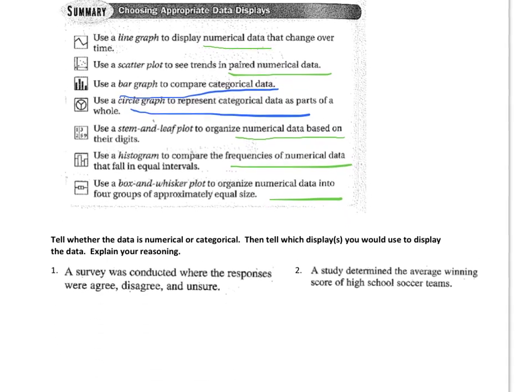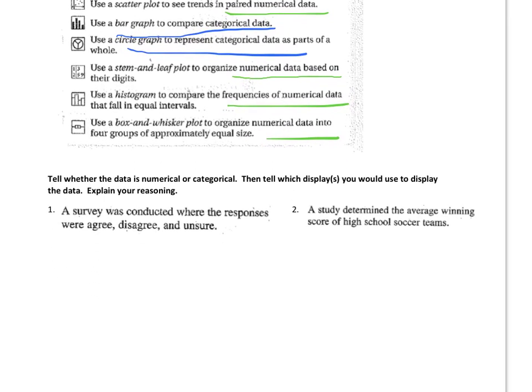So let's scroll down here. It says tell whether the data is numerical or categorical, then tell which display or displays you would use to display the data. Explain your reasoning. A survey was conducted where the responses were agree, disagree, or unsure. So, is that a number? No. So we know that that is categorical.